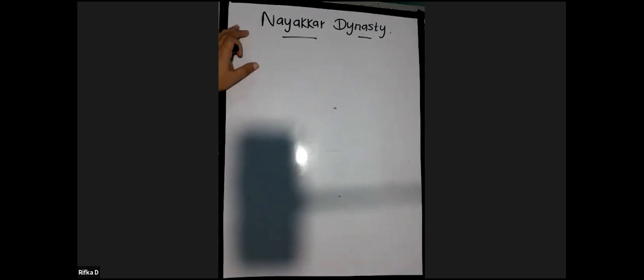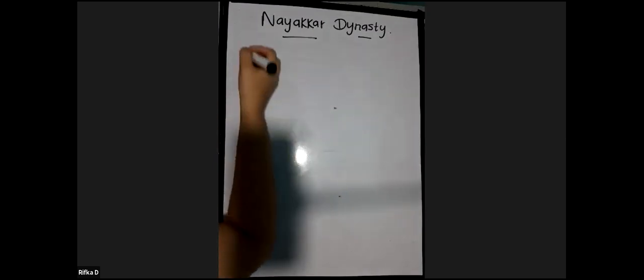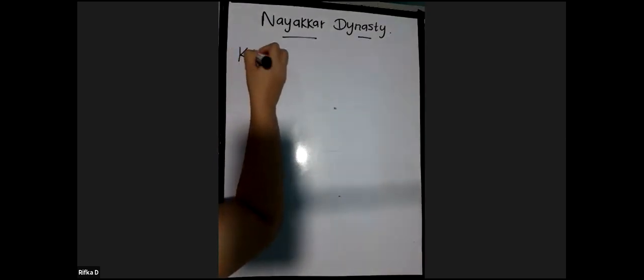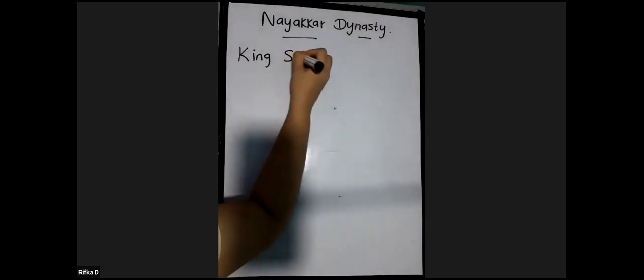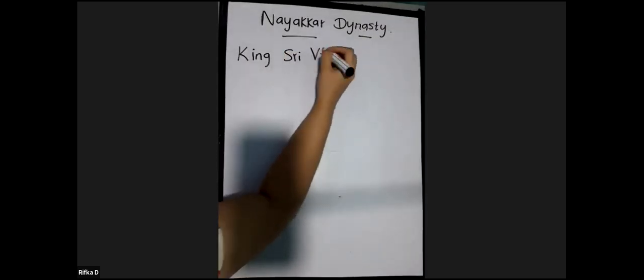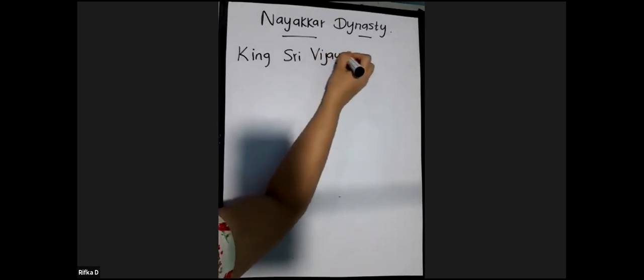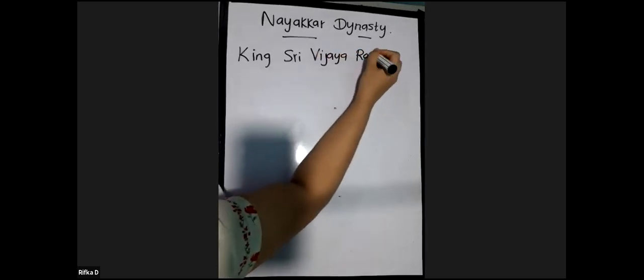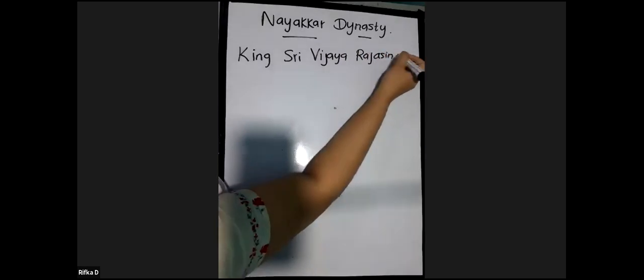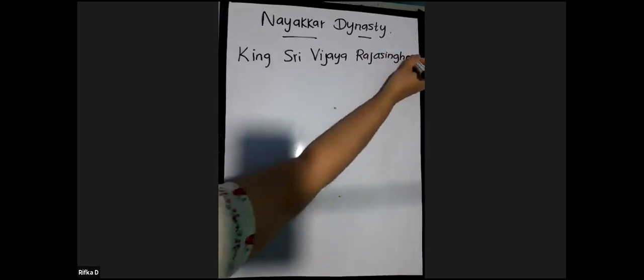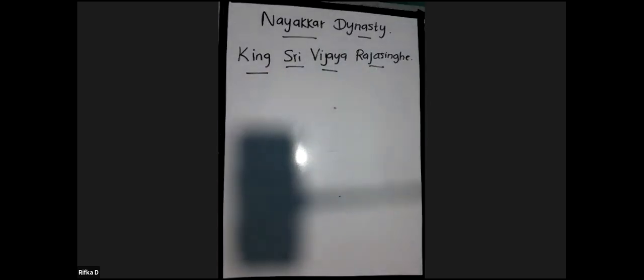After the death of King Shri Veera Parakrama Narendra Singha, it was King Shri Vijaya Raja Singha who became the king of the Kandyan kingdom.